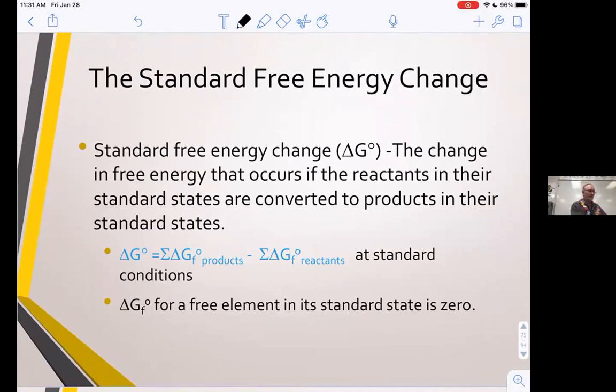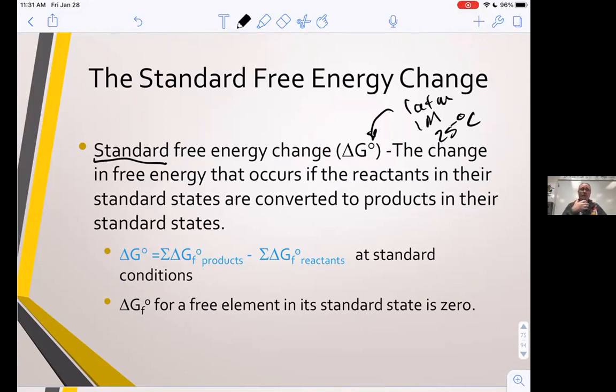Now what it means by standard here is this little naught symbol means that these substances are at 1 atmosphere of pressure, concentration of 1 molar if they're aqueous, and they're at 25 degrees C. I know that STP is 0 degrees C and 1 atmosphere, but standard changes for enthalpy, entropy, and Gibbs free energies are going to actually be at 25 degrees C. But anyway, that's what the little naught symbol means.